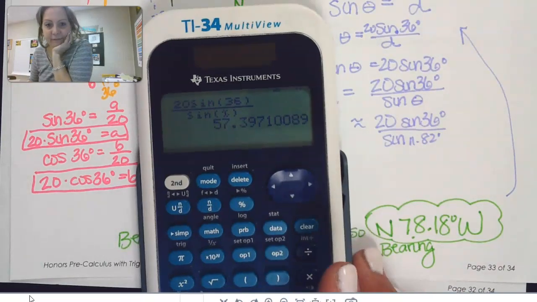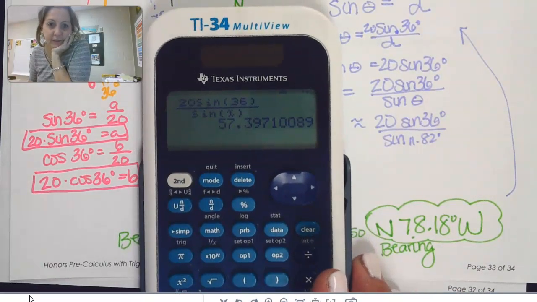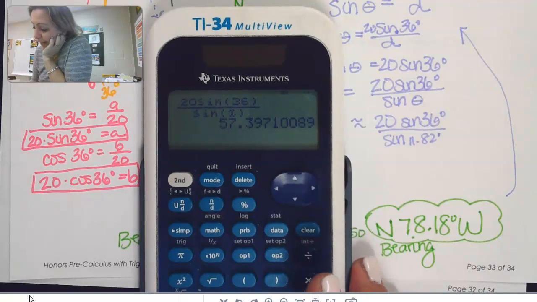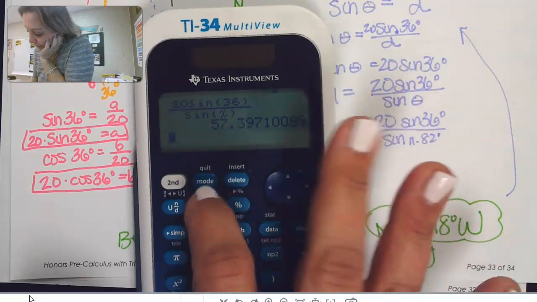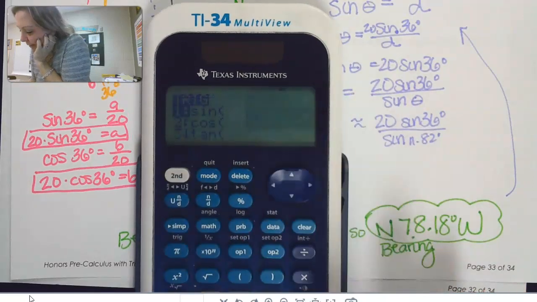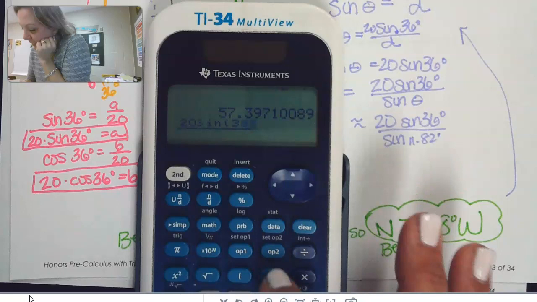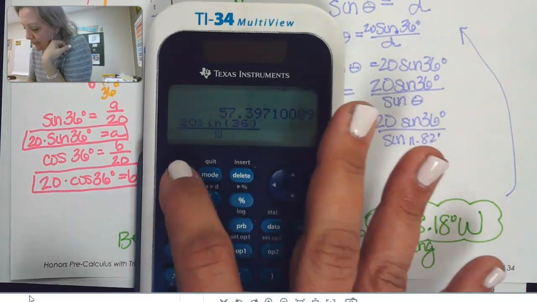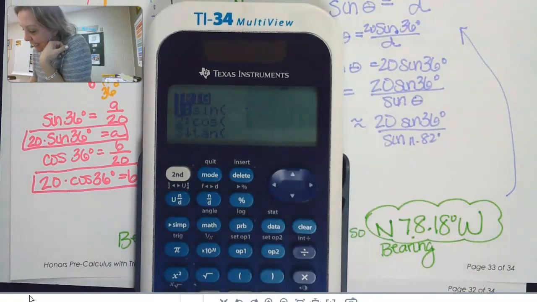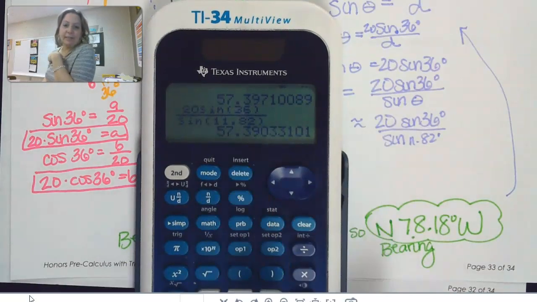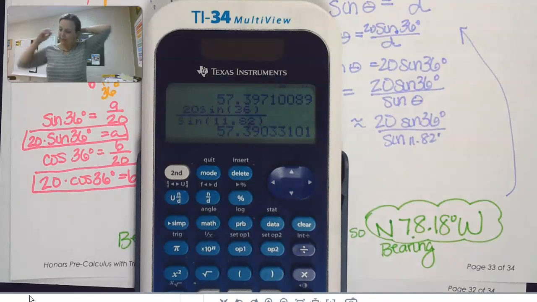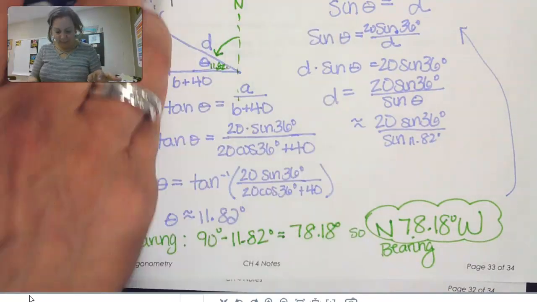And so I get about 57.40. If you use the rounded answer, so if you took 20 times the sine of 36, and then divided by the sine of 11.82, notice that it's pretty close, but the hundredths rounds a little bit differently.